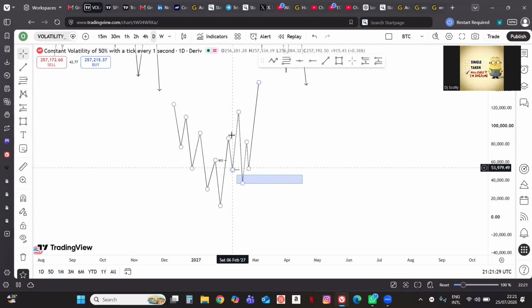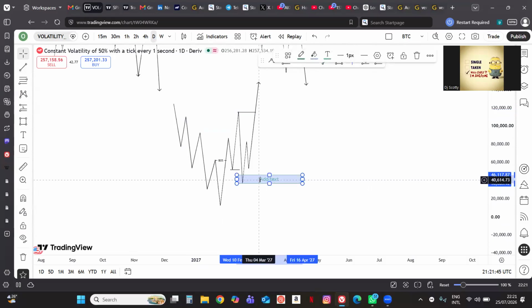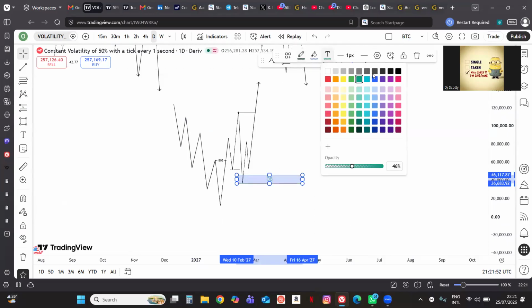So it gives us an inducement, sweeps that inducement, creates a liquidity, and then breaks structure. Once it does all of this, it now has a valid order block here.